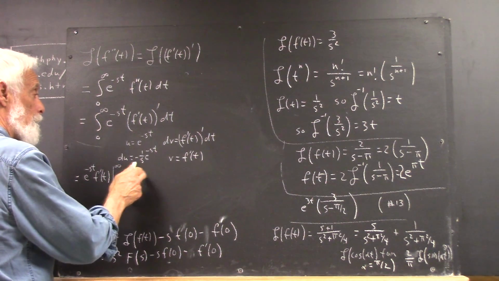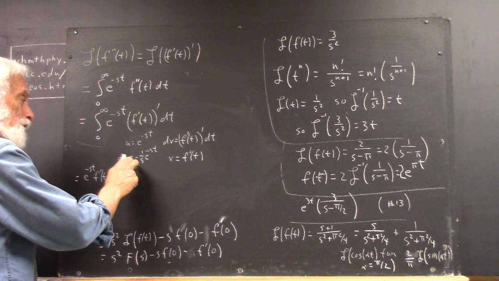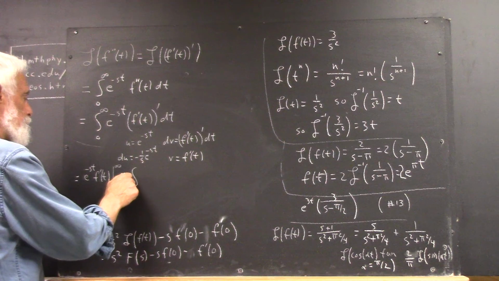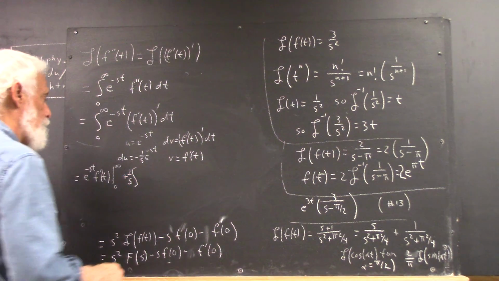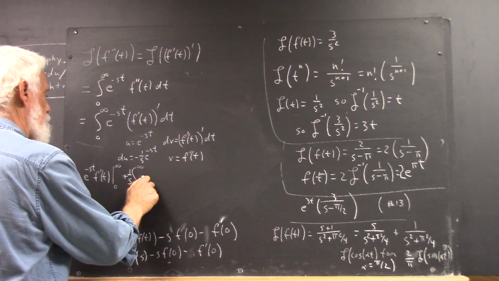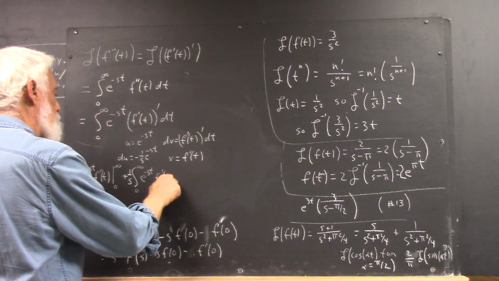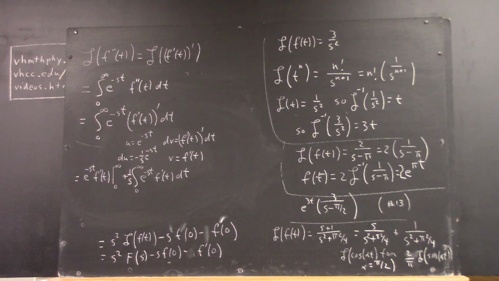Well, going to be the integral of v du. Okay, well, the minus du is going to involve a negative 1 over s, so I'm going to have a plus 1 over s here, and then it's going to be times the integral from 0 to infinity of e to the negative st f prime of t dt.